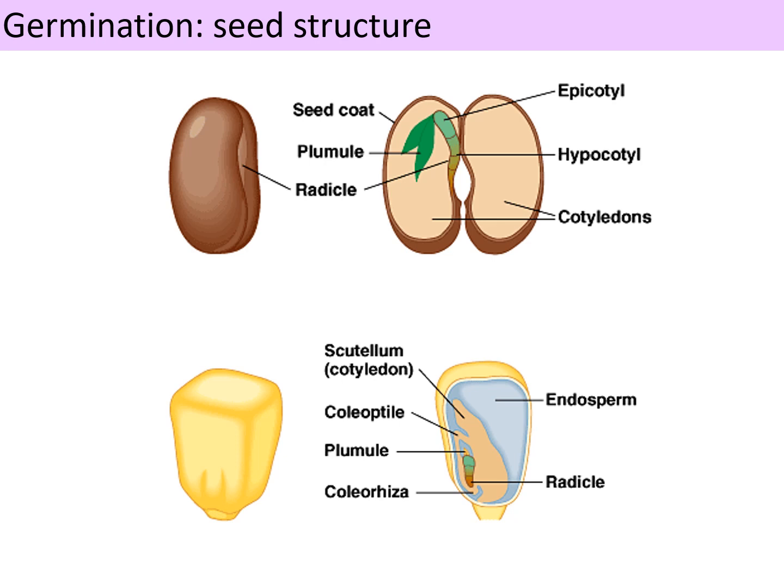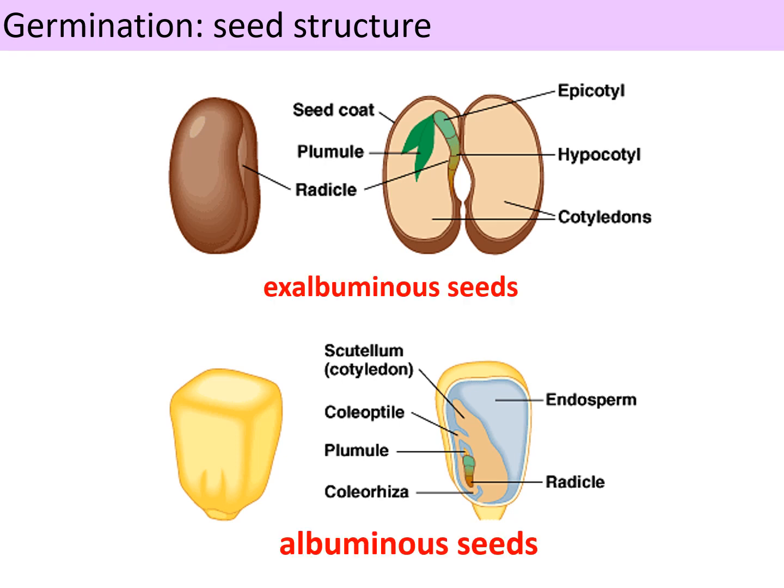If we focus on the composition of the seeds by looking at the presence and absence of endosperm, we can divide the seeds into two types, which are exalbuminous and albuminous. So what is the difference? The albuminous seed retains a portion of endosperm. They have the endosperm as the food source for the embryo. But the exalbuminous seeds don't have, or lack, endosperm.